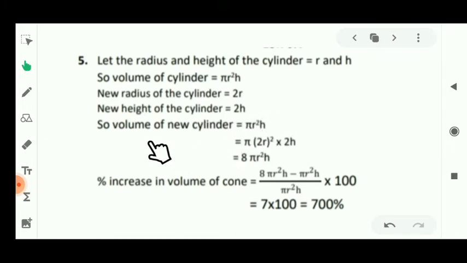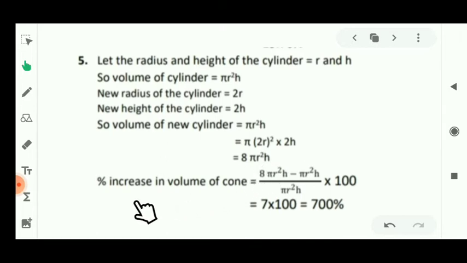So we will find the volume of new cylinder, pi r square h, with r's value 2r and h's value 2h. That means the volume of new cylinder will be 8 pi r square h.